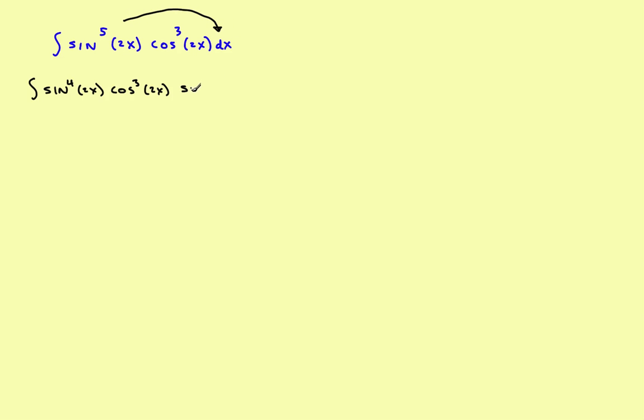So now you've got a sine of 2x right here. So you had 5 sines, you move one of them over here. Now the whole reason for doing this is that this part right here is going to turn into what you're going to get rid of when you do u-substitution. So all these problems involve u-substitution. The whole purpose of moving that sine over is that when you take the derivative of the cosine, it will give you a sine, and then you can go from there.